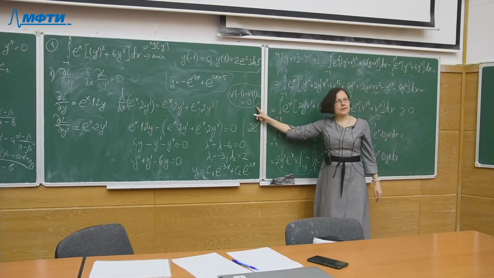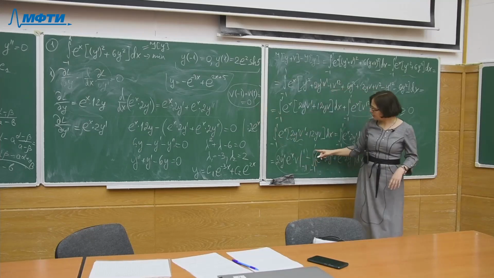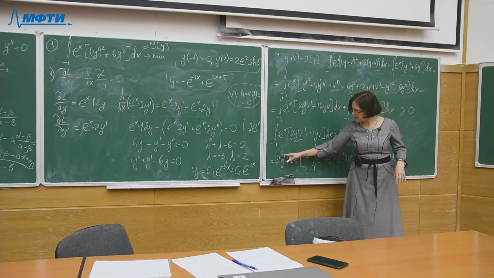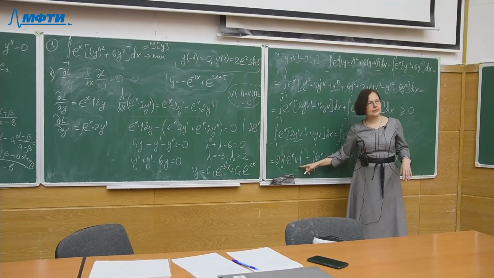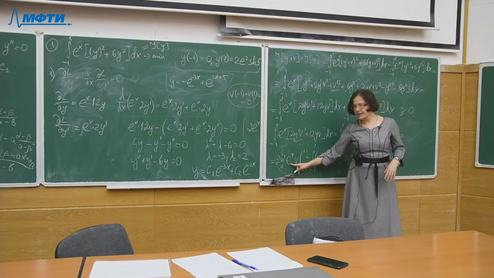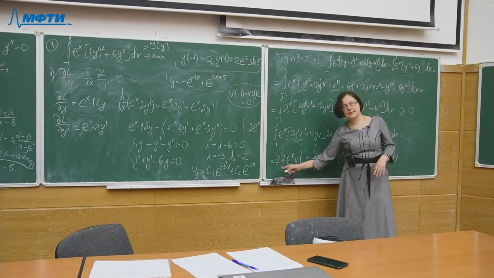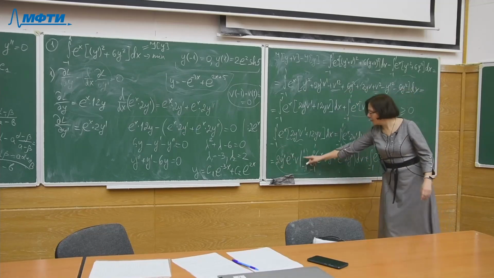And so if we substitute 1 for x into this expression, we will get 0 here. v of 1 is 0. Then this part is 0. And for -1 also.